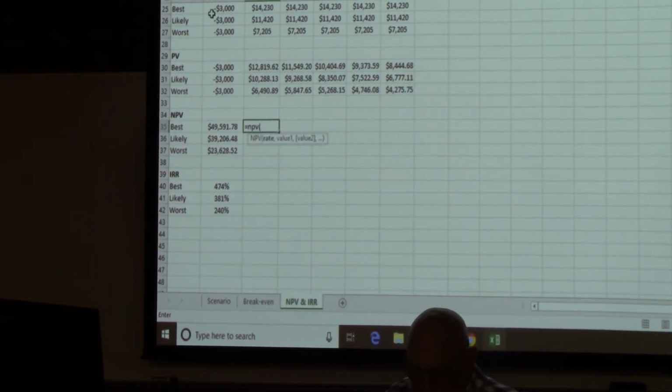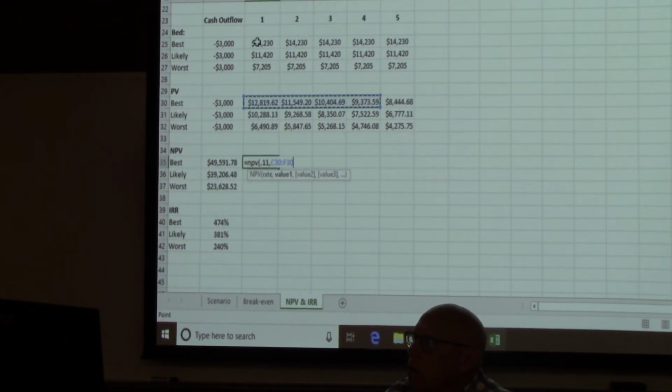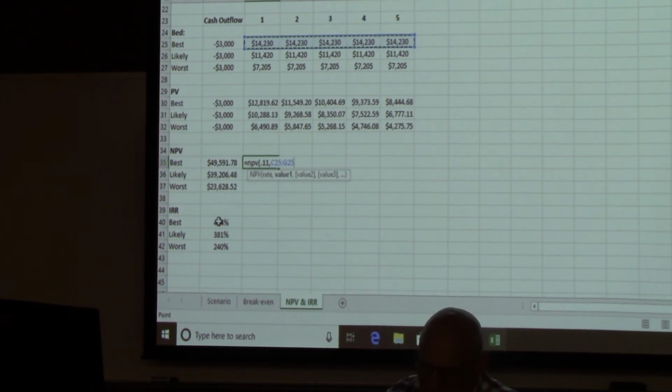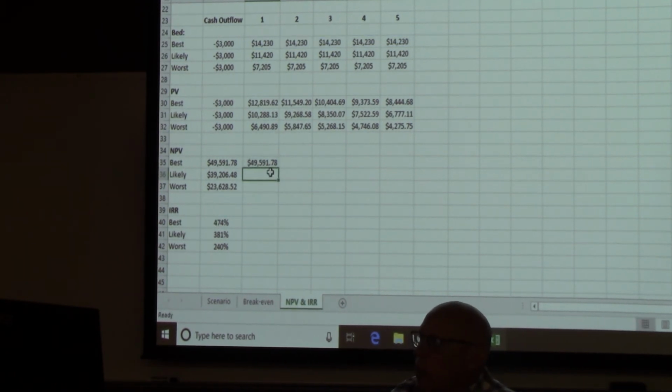All right, the rate is 0.11, and comma, and the values are, no, the values are here. Yes. And then we'll add this negative number here, and hopefully we get the same number, and we do. Let's see what happens when we drag this down. Now the numbers add up the same.